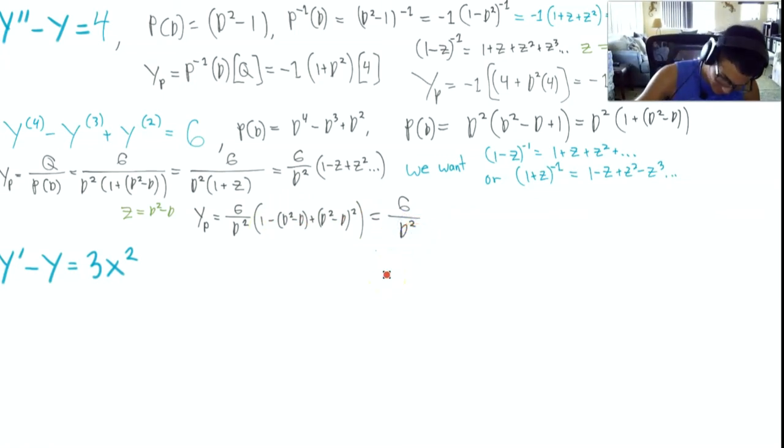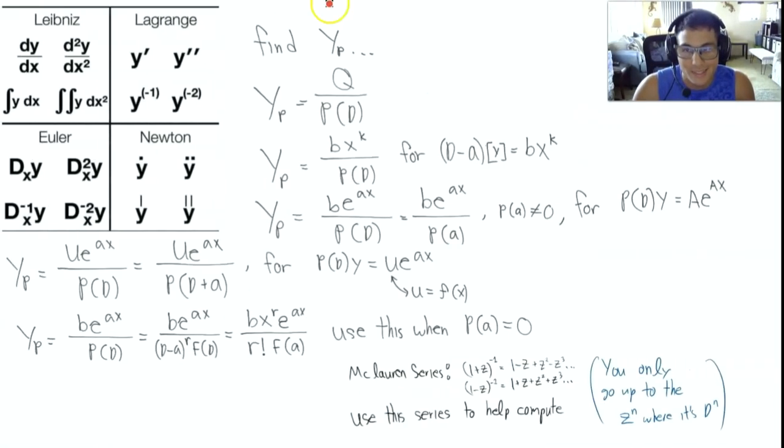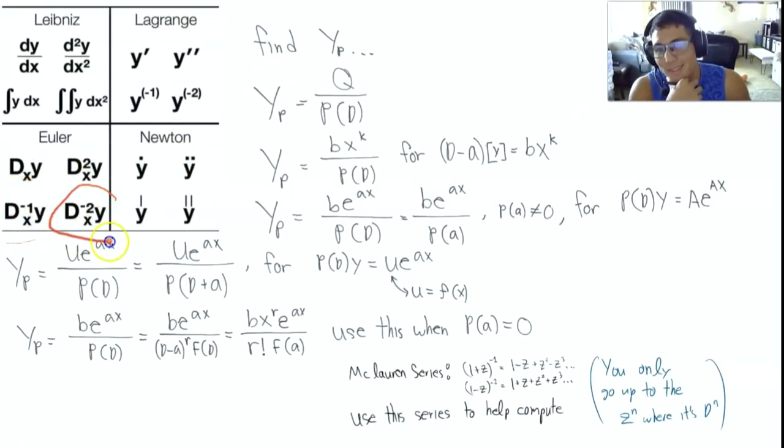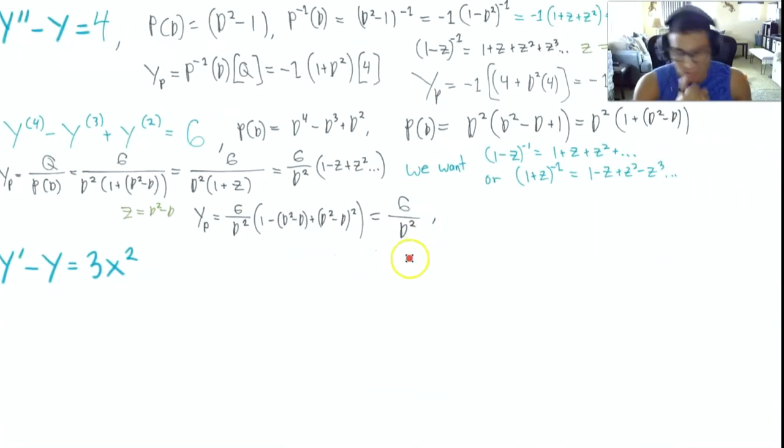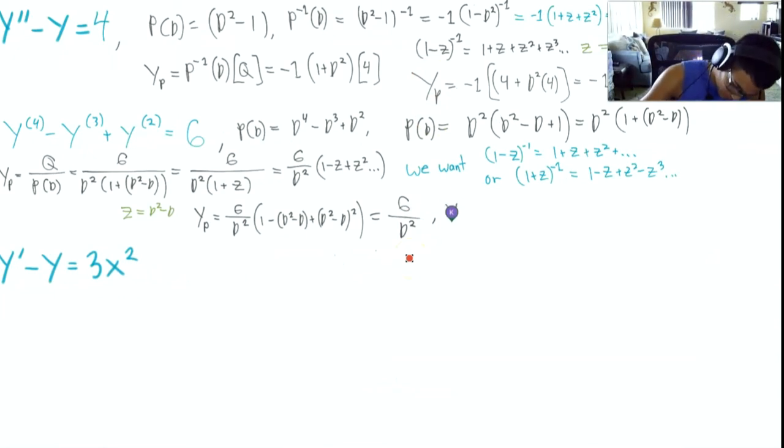Now remember when I said, what type of notation do you use? This is the notation that we're going to use, and it's going to mean this. In other words, y_p is equal to 6 integrated dx.